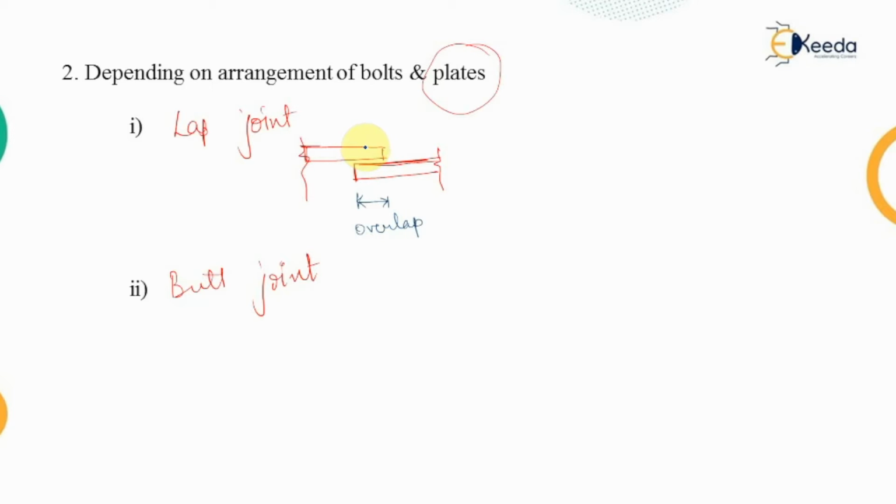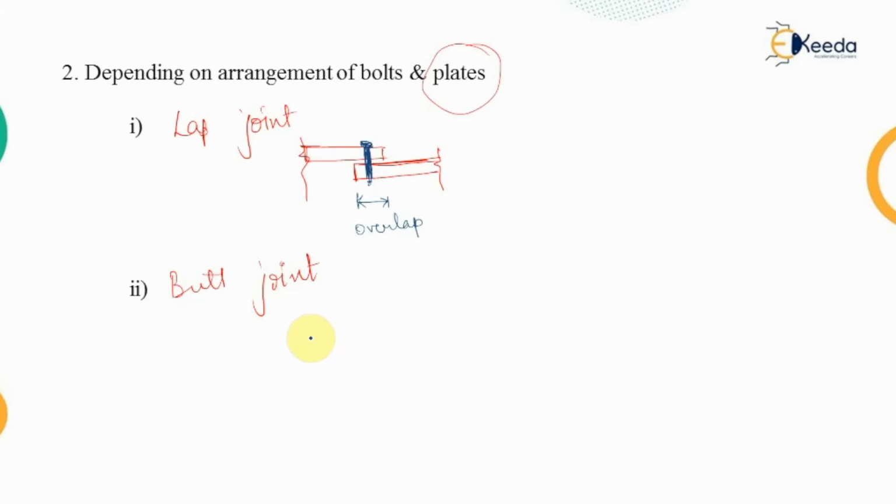In this overlapping distance, we provide the bolt hole, and in that we drive the bolt of suitable diameter. And that's how we provide the connection. Depending upon the number of bolts that are provided here, it can be further classified into different categories that we will see in the upcoming slide.